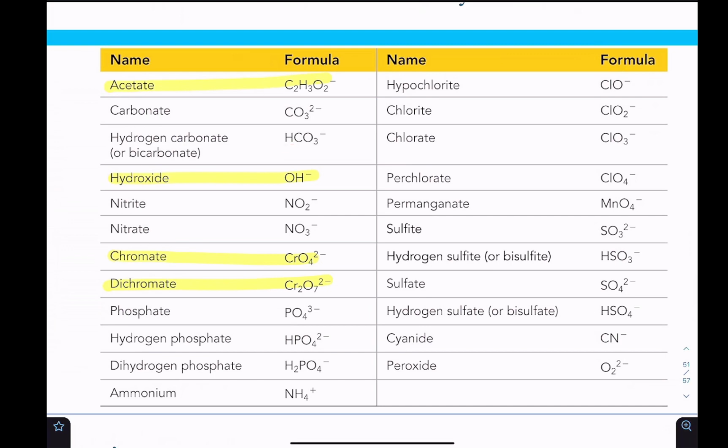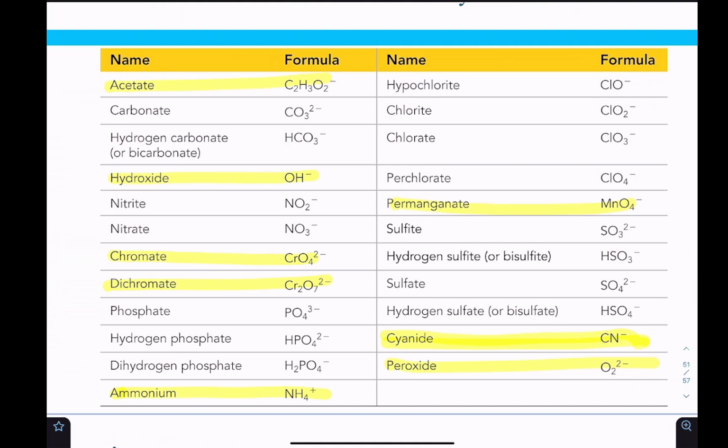Hydrogen carbonate is a little more descriptive because it's a hydrogen and a carbonate. Similarly, you can have hydrogen phosphate, which is phosphate with one hydrogen, and dihydrogen phosphate, which is phosphate with two hydrogens. Ammonium is that positively charged ion. Permanganate you have to memorize. Cyanide and peroxide. The rest of these I'll show you methods for remembering because they're oxyanions.